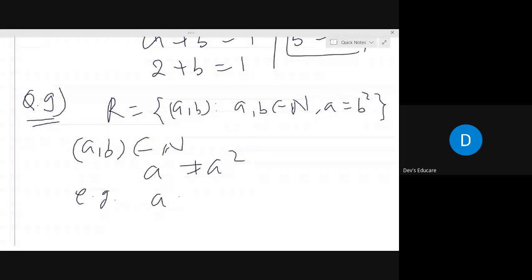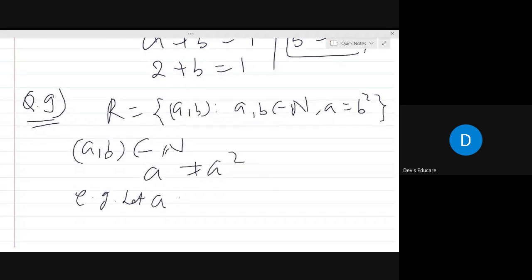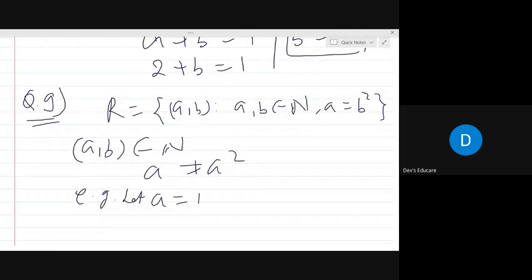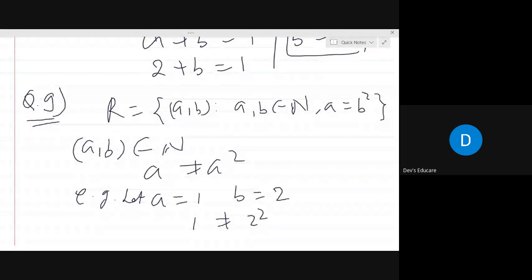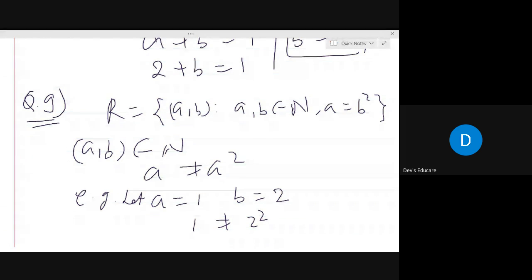Let a equals 1, b equals 2. So 1 cannot be equal to 2 squared. We have to take the same element now.